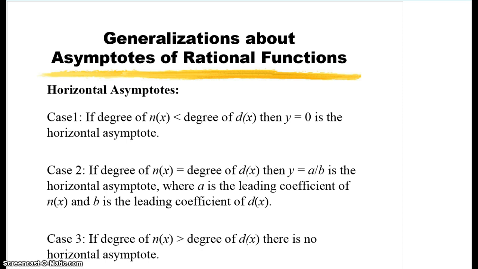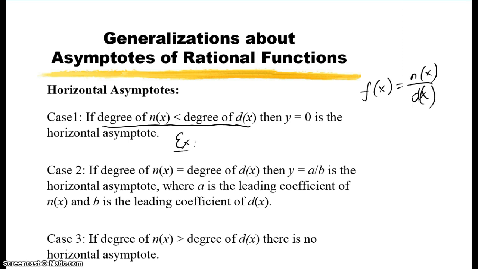On horizontal asymptotes, you also have 3 cases that the book goes through, which I recommend you just remember. Later on, when we do limits, these will show up again and you'll think about them differently. For the time being, remember that if the degree of the numerator n of x is less than the degree of the denominator d of x, then y equals 0 is the horizontal asymptote.